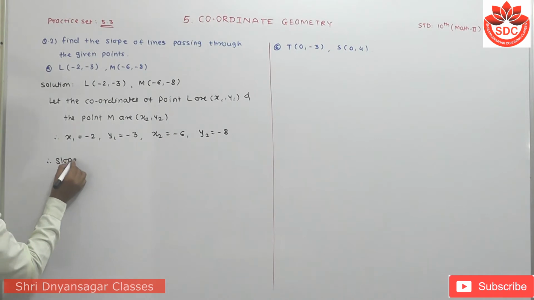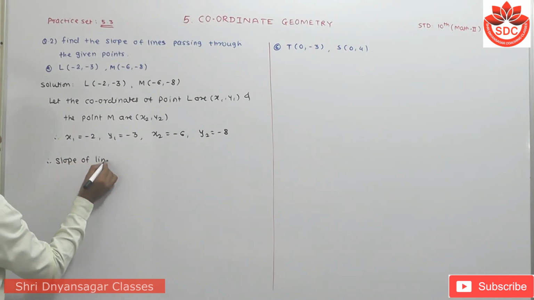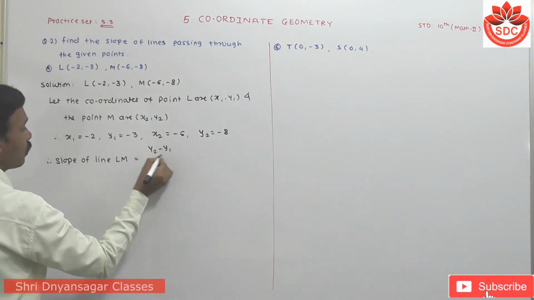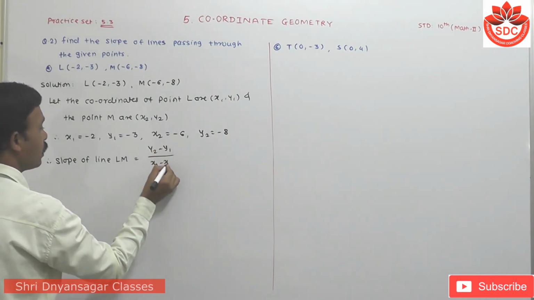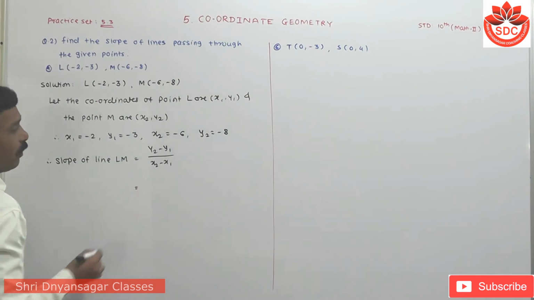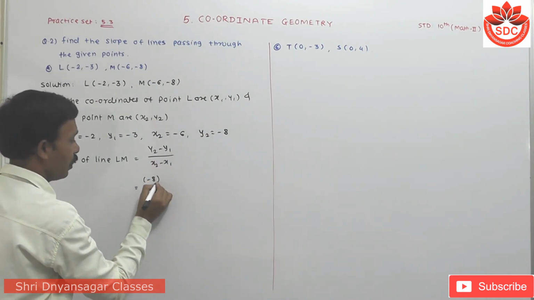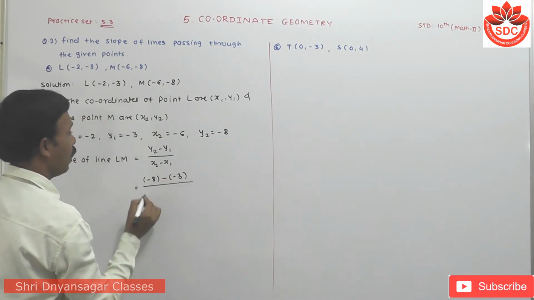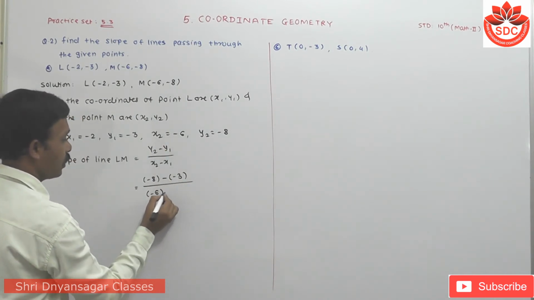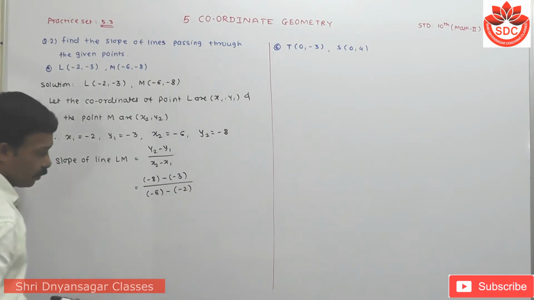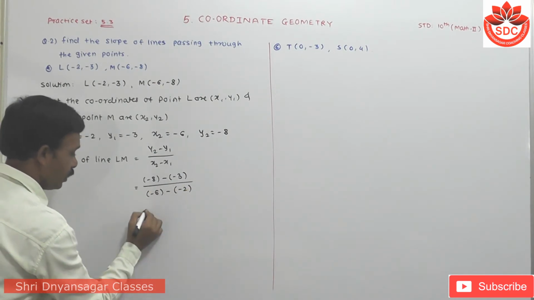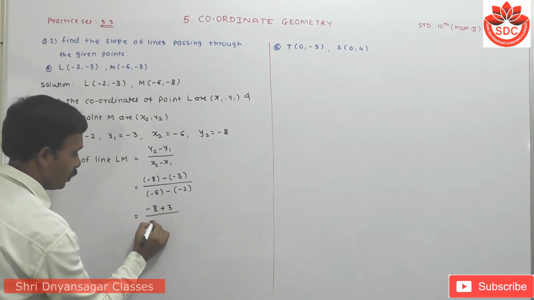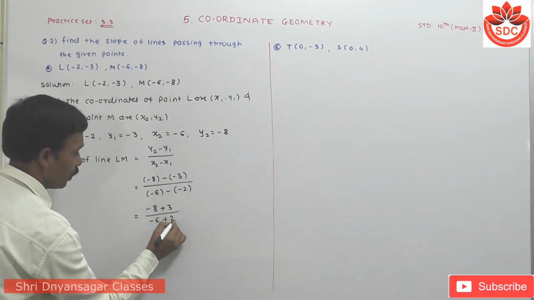Therefore, the slope of line LM is equal to the formula y2 minus y1 upon x2 minus x1. We substitute the values: y2 is minus 8 minus y1, which is minus 3, divided by minus 6 minus minus 2. Then, student, this is minus 8 plus 3 upon minus 6 plus 2.